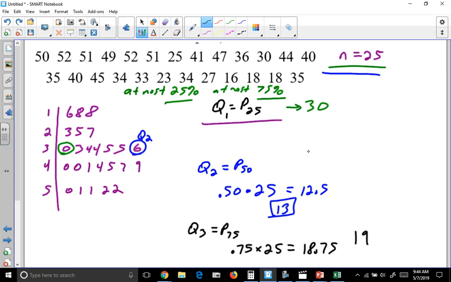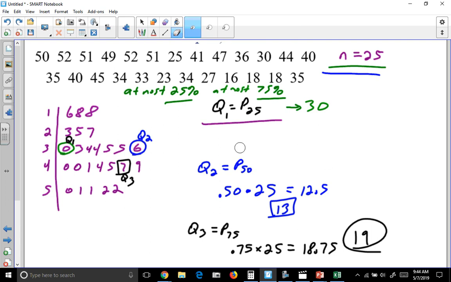So our third quartile will be at the 19th piece of data. So that's 3, 4, 5, 6, 7, 8, 9, 10, 11, 12, 13, 14, 15, 16, 17, 18, 19. So that's our third quartile. So those are our first, second, and third quartile for this particular data set.